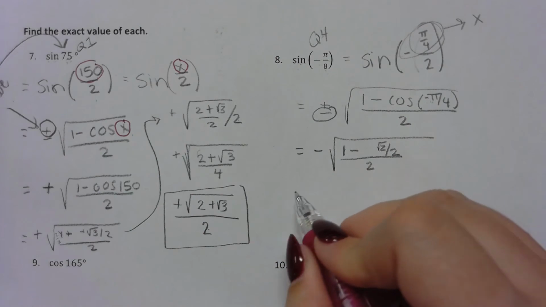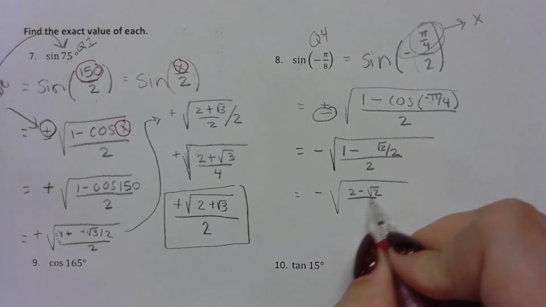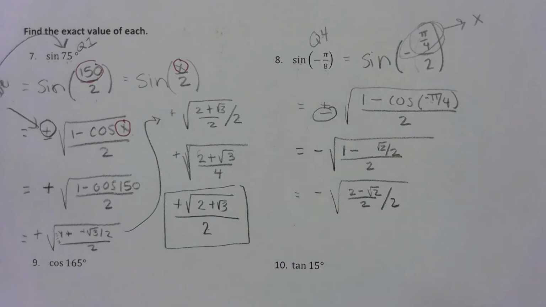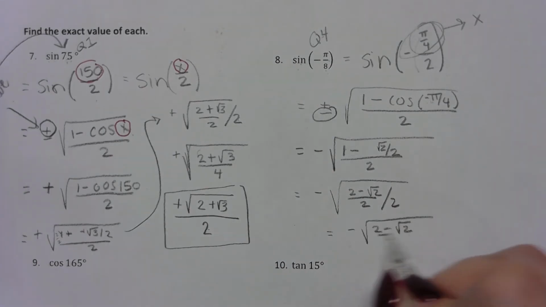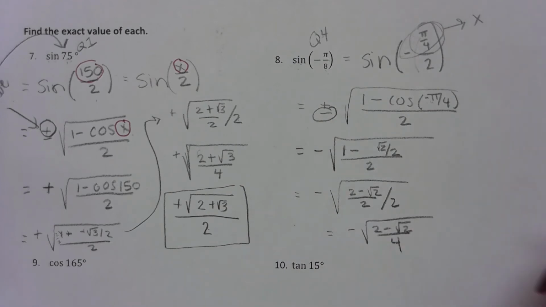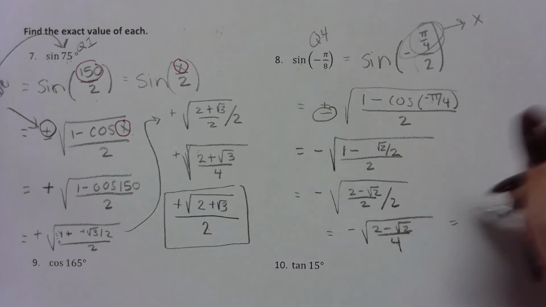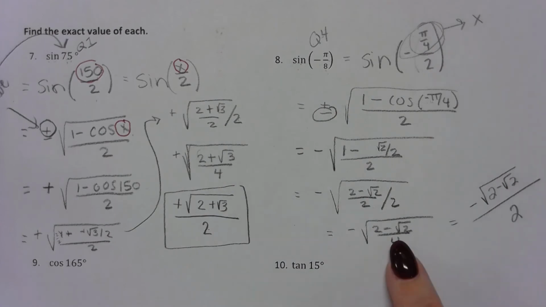I could make the 1 a 2 over 2, so that gives us 2 minus root 2 over 2 over 2. Same thing, 2 minus root 2 ends up being over 4 because the over 2 turns into multiplying by a half. 4 is a perfect square, so we have 2 minus root 2 all over 2, because the square root of 4 is 2.